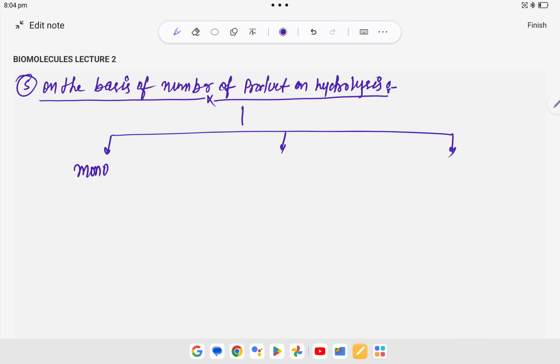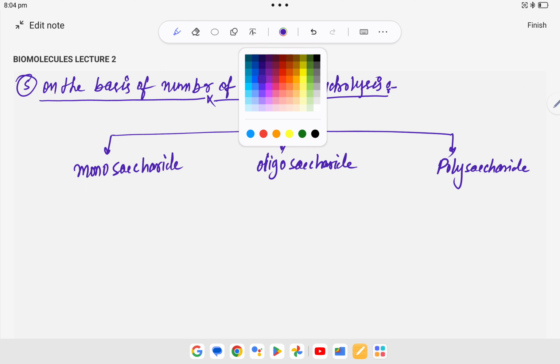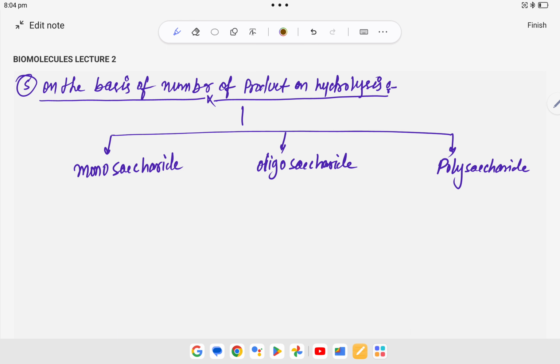Monosaccharide, oligosaccharide, and polysaccharide. Okay, monosaccharide means they do not undergo hydrolysis.